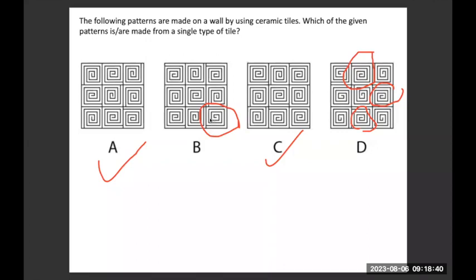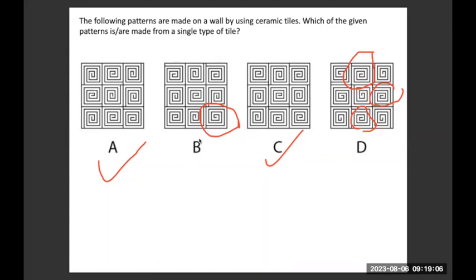In case of B, this is a flipped or mirrored ceramic tile. This is mirrored along the vertical axis with this tile. If you compare these two diagonals, mirror the vertical axis, you get this tile, which means this and this tiles are different. In case of D, it's mirrored along the vertical axis, these two tiles, which means these two tiles are different.